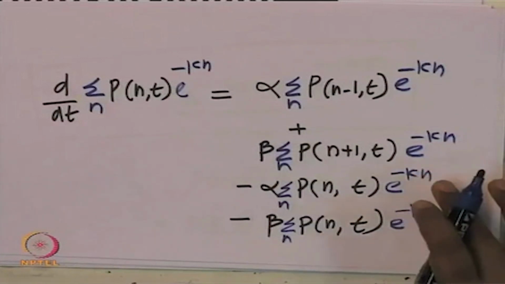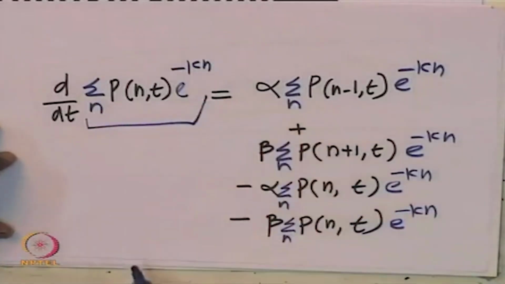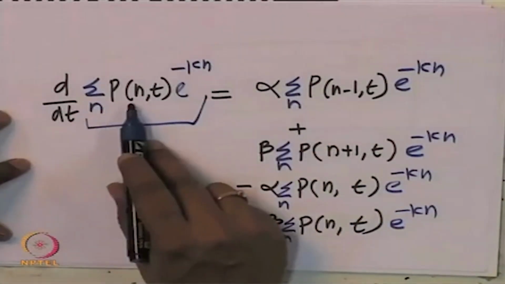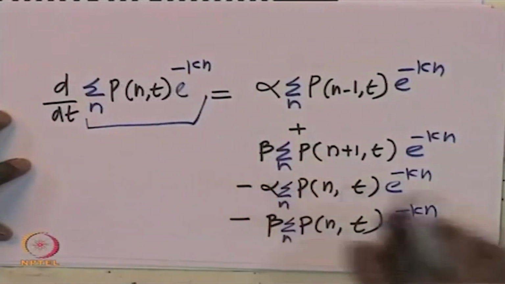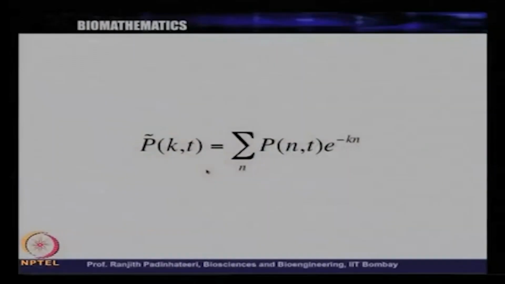So, then what do we get? Sum over n p n t e power minus k n. As we defined here, sum over n p n e power minus k n is p tilde of k.